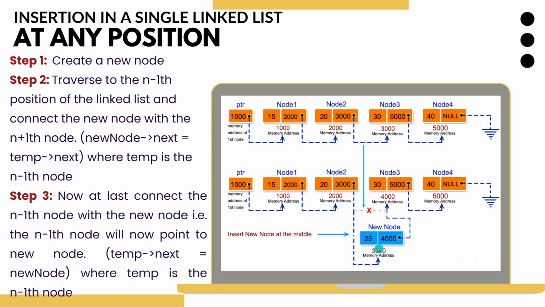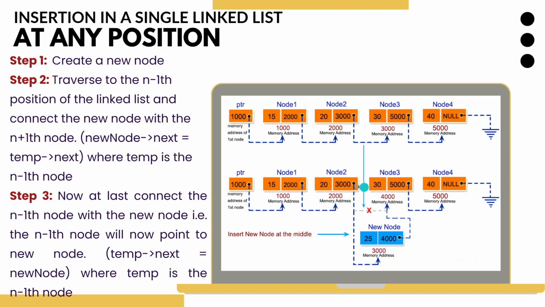But if we do that as the first step, then what we will lose is that this 3000 is actually the address of the subsequent node. If I do this as the first step, then I may lose the address of the next node in that list. So here I have to do it otherwise.